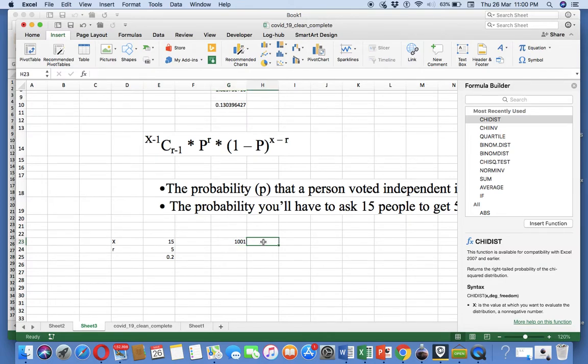Then the second part is the probability, which is 0.2, raised to the power of r.